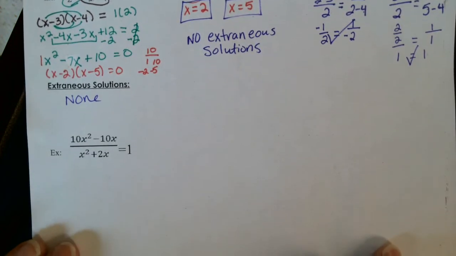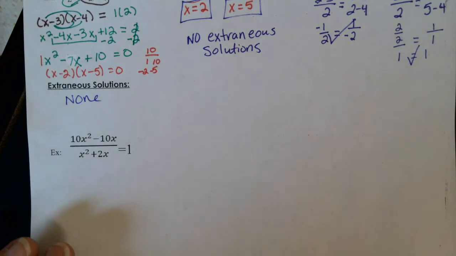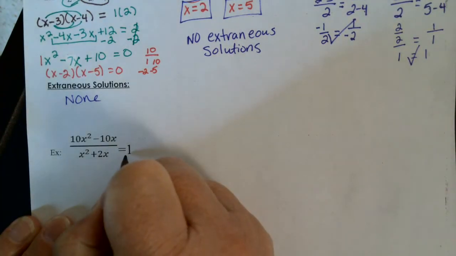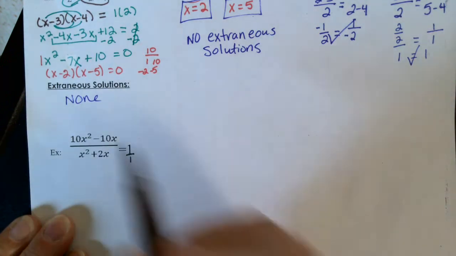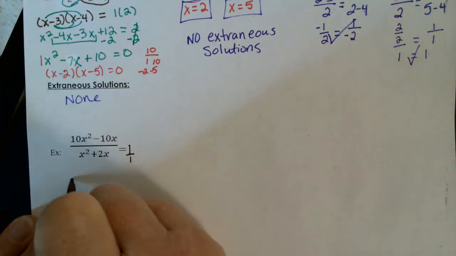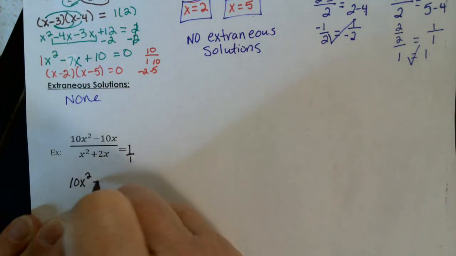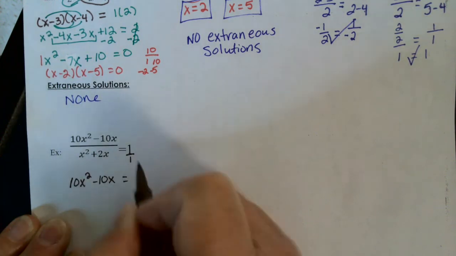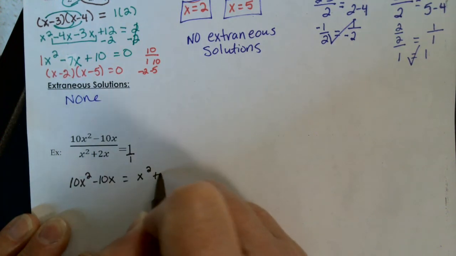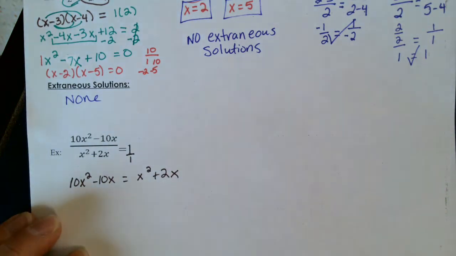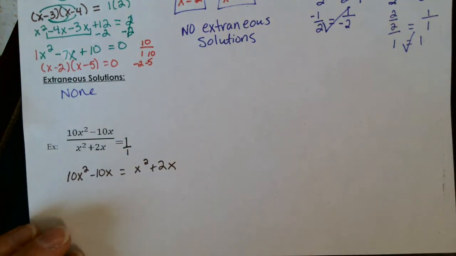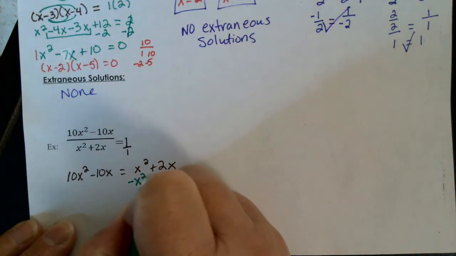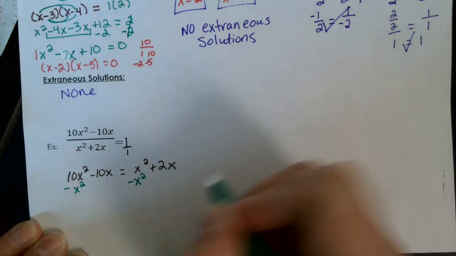Example number 2. So when we have something like this, we just put the 1 over the 1. And when we cross multiply, 1 times 10x squared minus 10x is just that. And 1 times that is just that. So I'm going to subtract everything over.